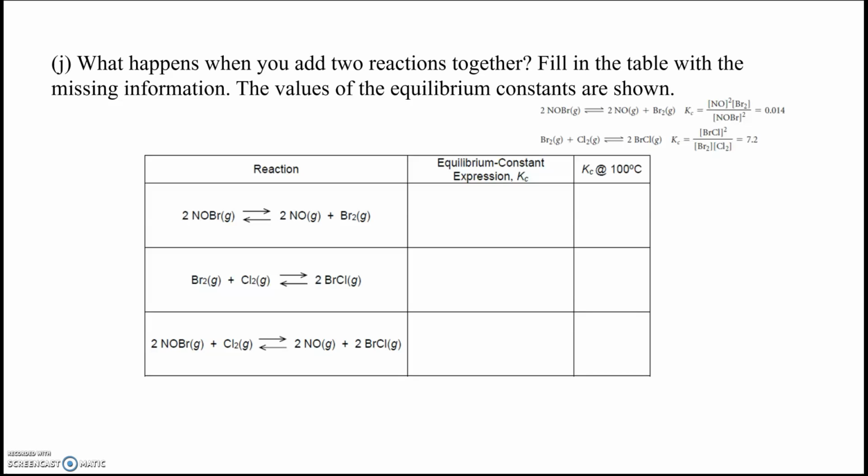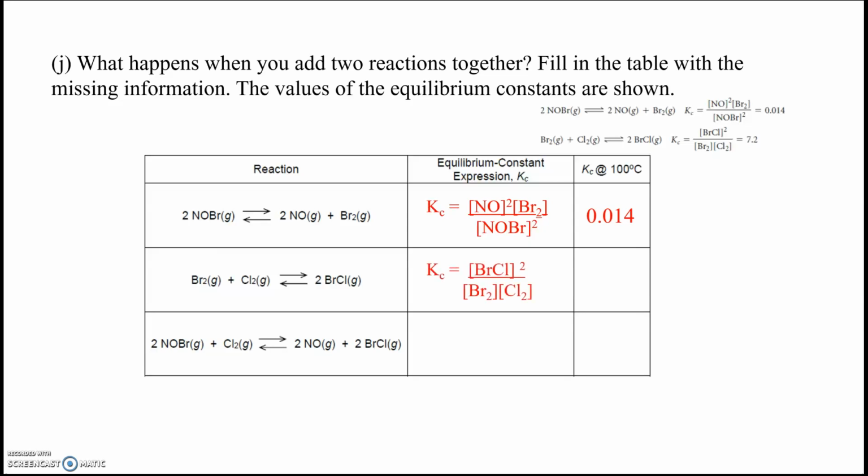So looking at this set of reactions here, 2NOBr goes to 2NO plus Br2, I'm simply writing what has already been written up there. And you should also be writing this in these blank spots, and I know that K is equal to 0.014.